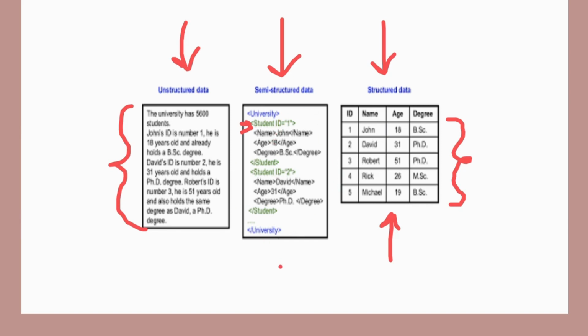So you can identify the age of student ID number 2 because of the age tag. So it is possible to have tags but not a tabular structure in semi-structured data. Examples are XML files, HTML web pages, or any other markup language.